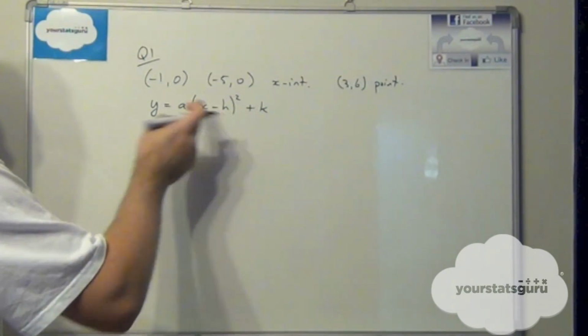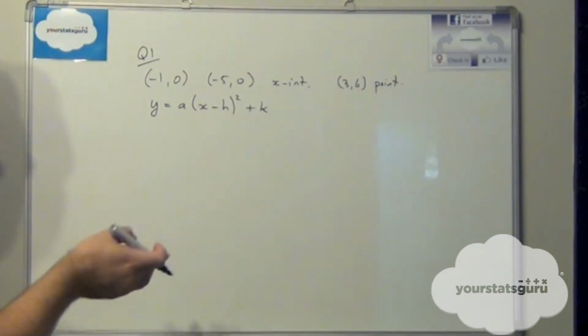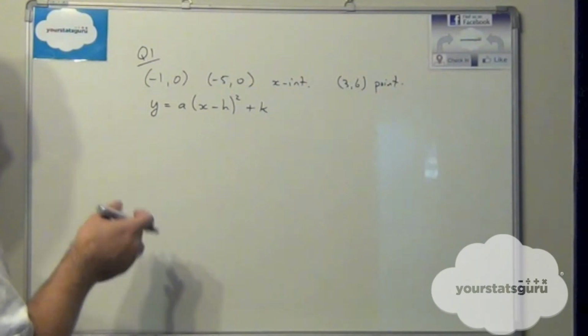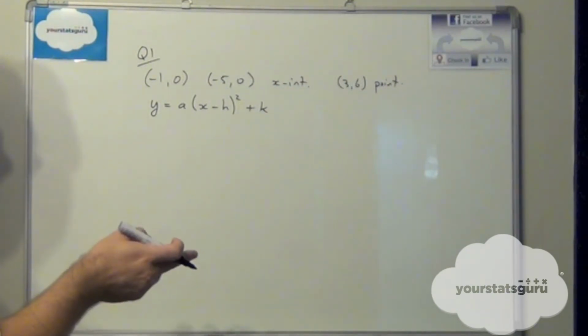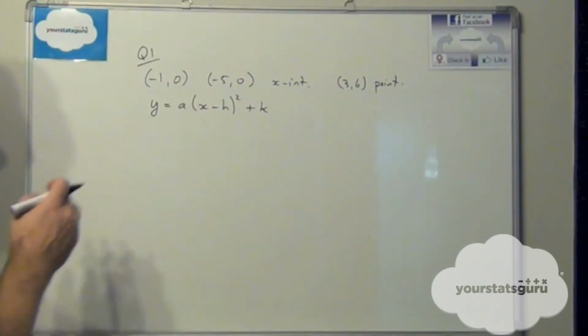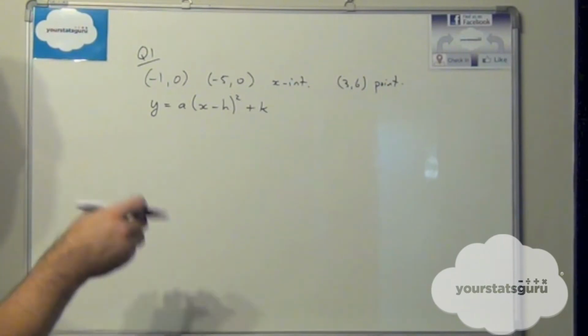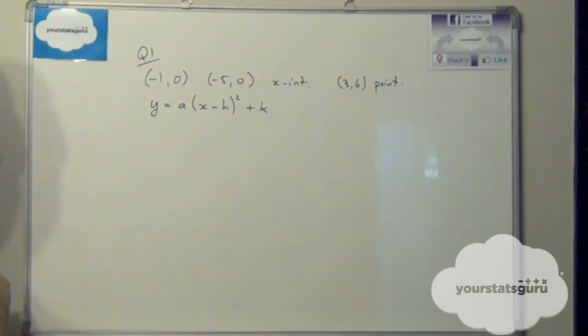Well, h is the horizontal shift, but it is also the axis of symmetry. So if we can find the axis of symmetry, we know exactly the value of h. The axis of symmetry is also the x-coordinate of the turning point.